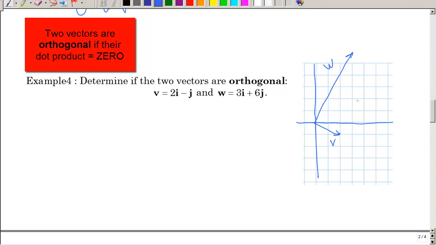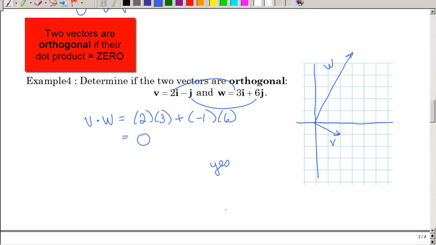Now that looks orthogonal to me, but let's prove it. All we need to know is their dot product. Is that 0? So we'd have 2 times 3 plus negative 1 times 6. That is 0, so yes, those two vectors are orthogonal.